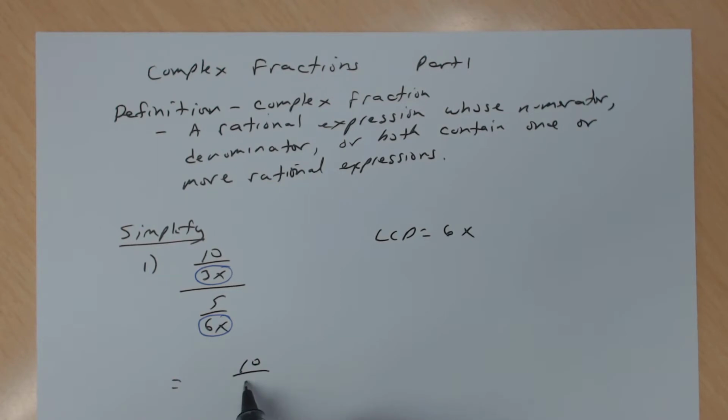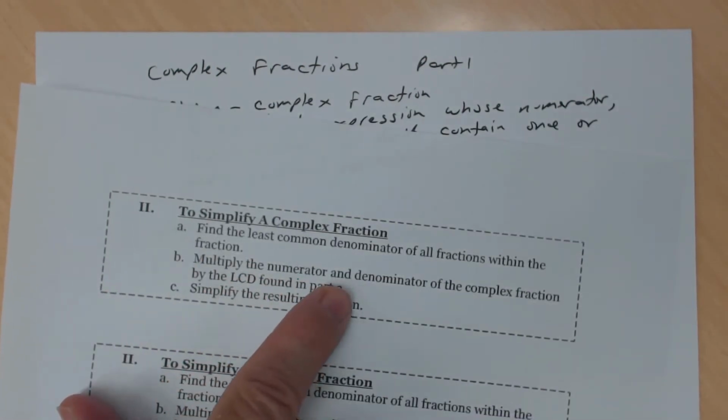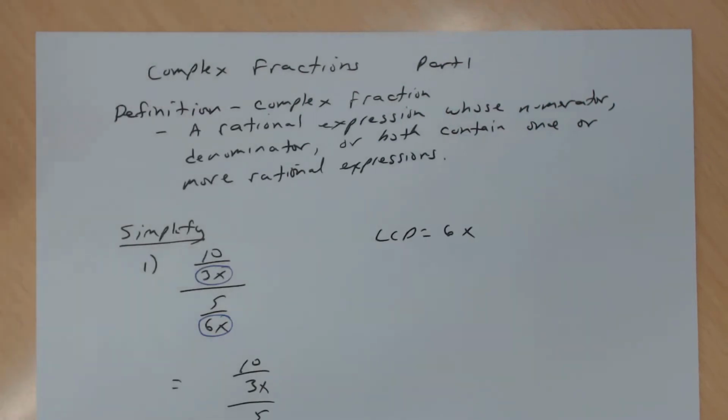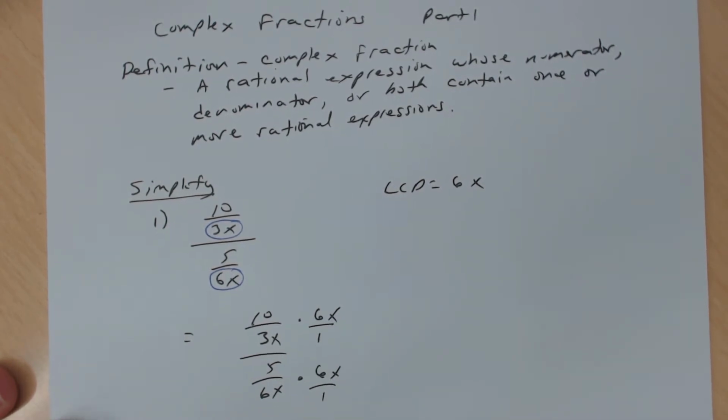The next step is to multiply the numerator and the denominator by the LCD. So you're saying times 6x, times 6x. So you're multiplying the top fraction by 6x and you're multiplying the bottom fraction by 6x. Now for some of you, you may want to write this as 6x over 1, 6x over 1.